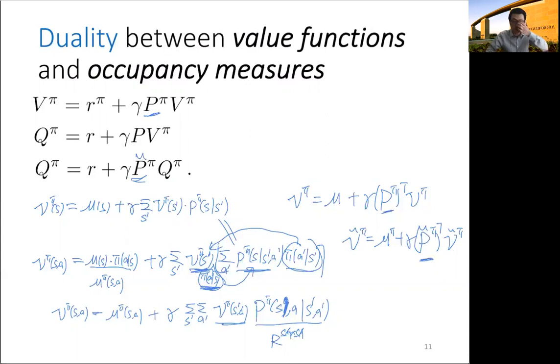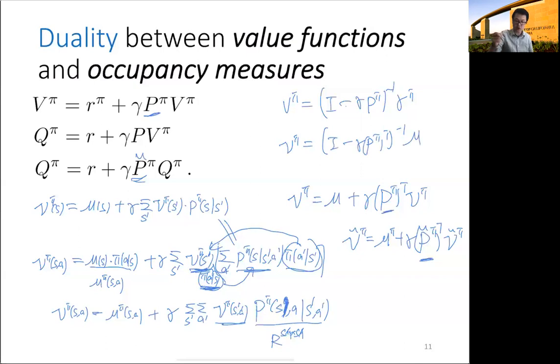They're in some sense dual to each other, and we'll see why this is the case momentarily. What this also tells us is that for both of these, we can write closed form solutions by solving the linear system of equations, involving inverting matrices of the form I minus gamma P pi, inverse, times R pi, or I minus gamma P pi transpose, inverse, times the initial state distribution, right?